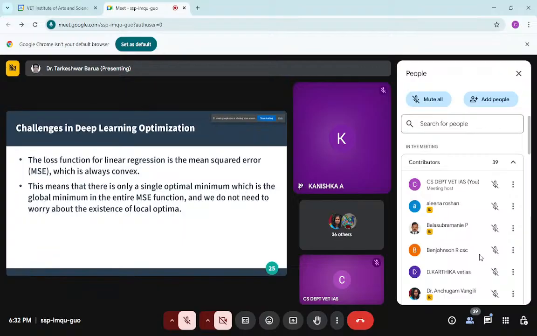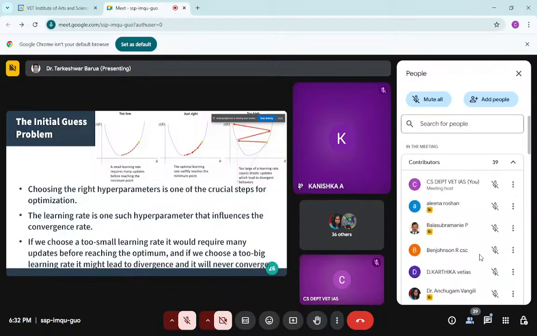This means there is only one single optimal minimum, which is the global optimum of the entire mean squared error function, and we do not need to worry about the existence of local optima. Let's dive deeper into this.